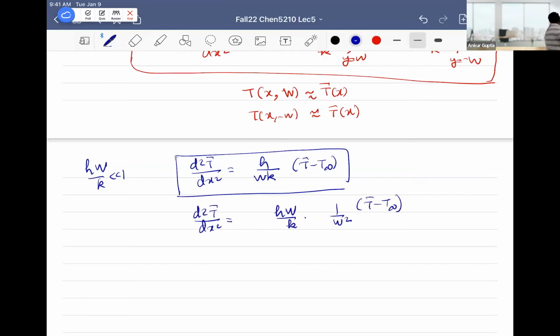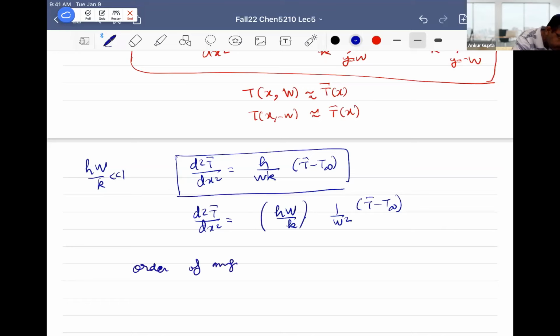Okay. Now, if you're doing a scaling analysis, you see there is also an x squared here. That's the length squared, and this is in the x direction. So it will be L squared by W squared times h divided by k. And if the length is much bigger than W, which is generally true for strings, then this value is much more than 1. But you can do an order of magnitude analysis.